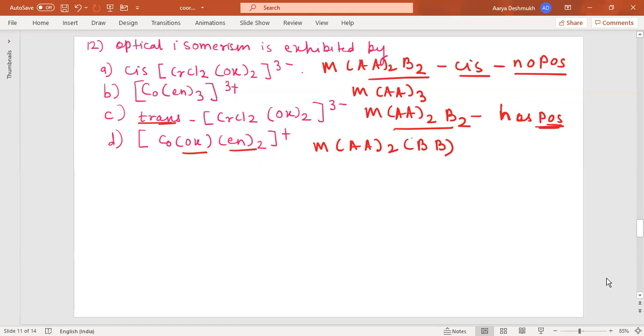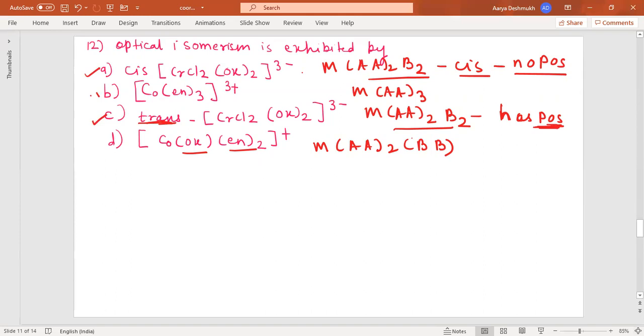Then MAA3 here also shows optical isomerism, no geometrical isomerism. And this has no optical isomerism because it has got a plane of symmetry. Now this one, this MAA3 type of complex, the trans has a plane of symmetry, meaning all of these are optically active, and the correct answer for this will be C.